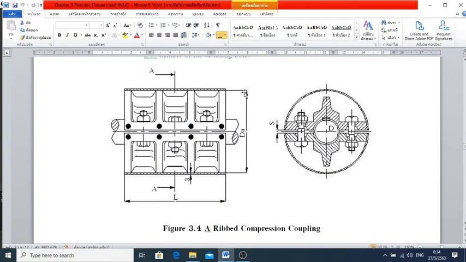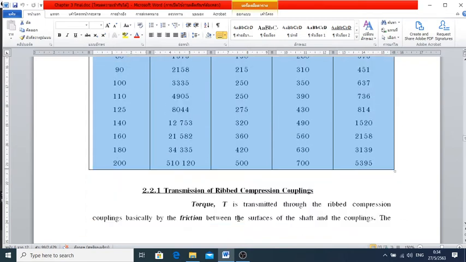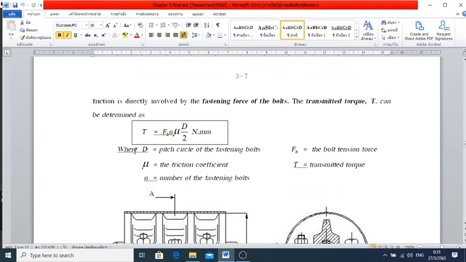D sub A is going to be the diameter of the rib compression coupling and L is going to be the length of the rib compression coupling respectively. So this is what I explained for the rib compression. And then the calculation again, the torque there, we can make a calculation of F sub B times N times mu times D over 2 respectively.